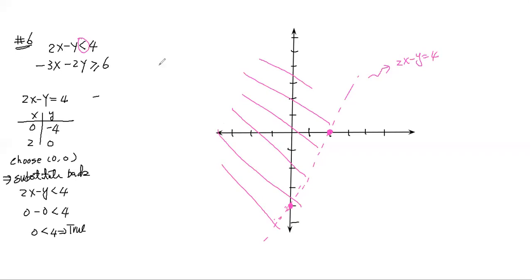Now let's take a look at another one, negative 3x minus 2y greater than or equal to 6. Let's find the intercepts. When x equal to 0, y equal to negative 3.